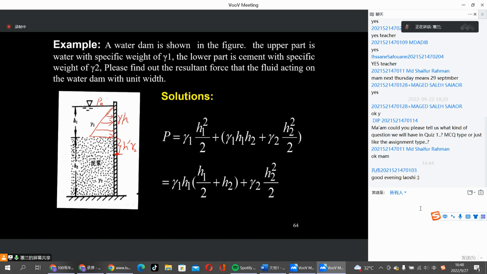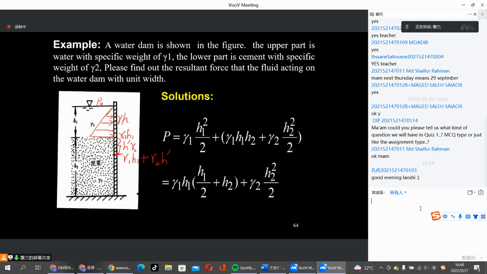The pressure at the interface we know is gamma 1 H1, right? At the interface it equals gamma 1, the specific weight of the water, times the vertical depth to the free surface. Accordingly, the pressure at this point will equal the pressure at the interface plus the pressure due to the weight of the cement, right?